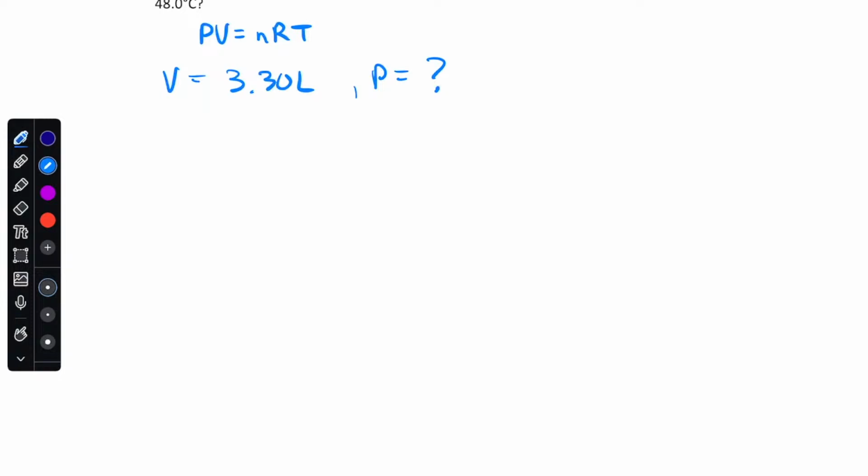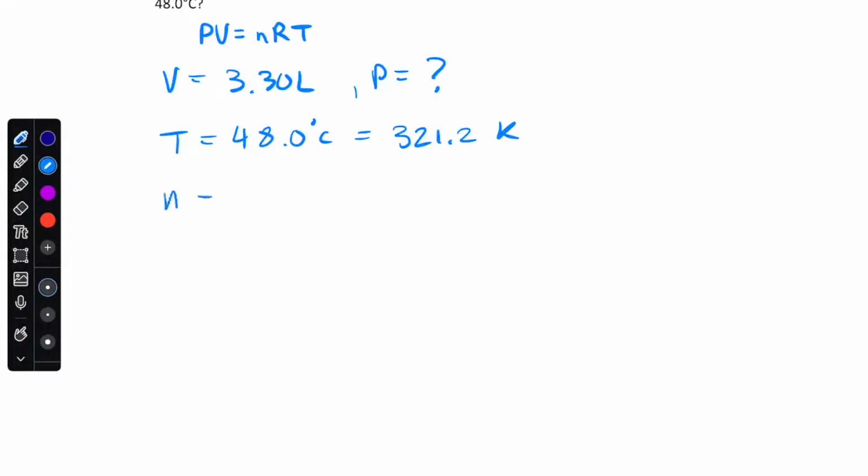The temperature is 48.0 degrees Celsius, but we always want this in Kelvin, so I'm going to convert that to Kelvin on the fly.